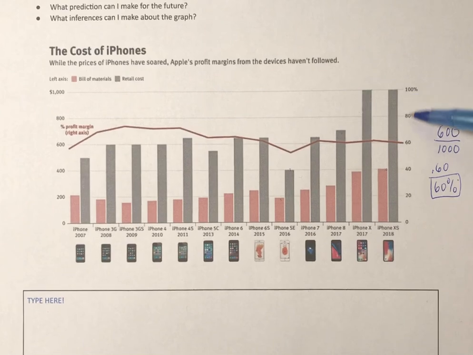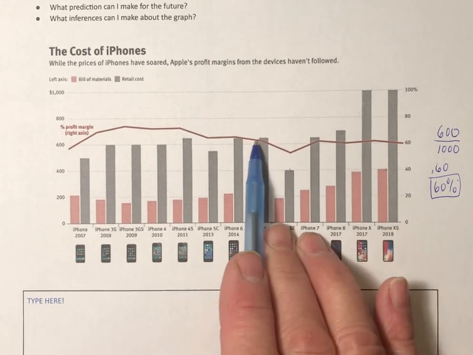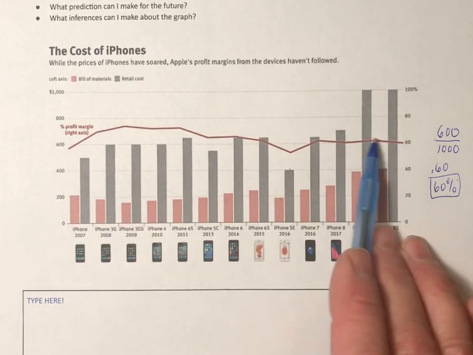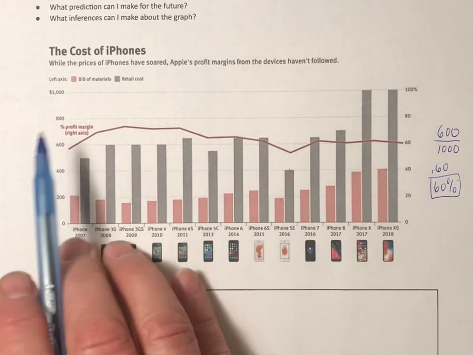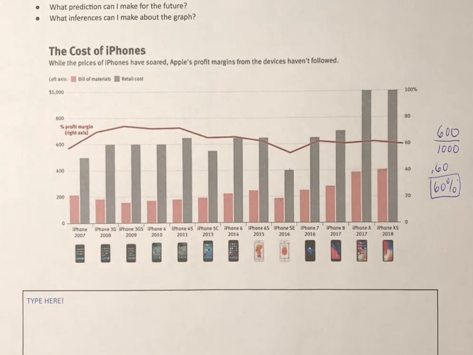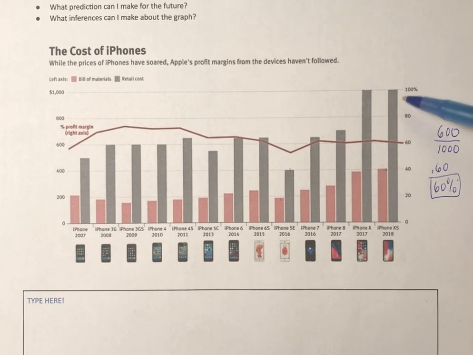So with these percentages here, and that line that is following the years and the models, that line is a measure of what we call the profit margin. It is the difference between the retail cost and the bill of materials, and that difference compared to the retail cost.